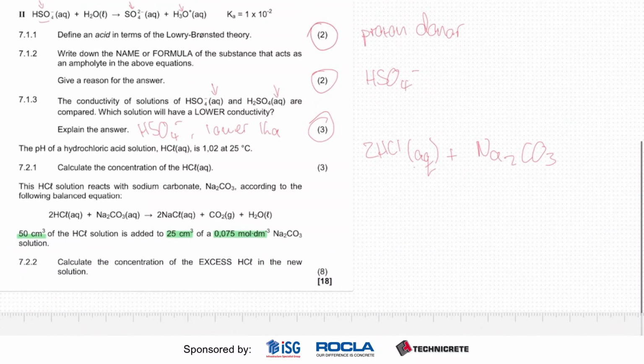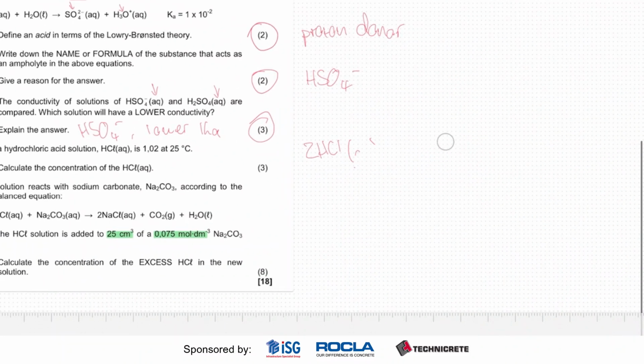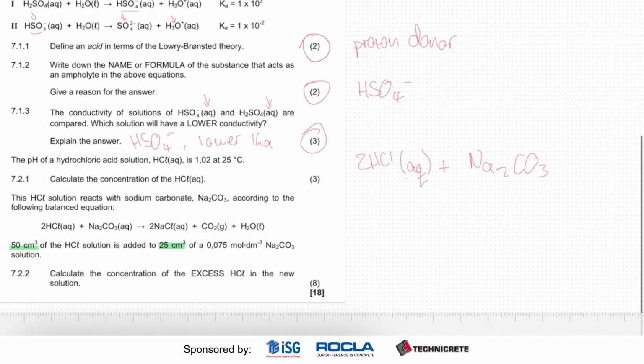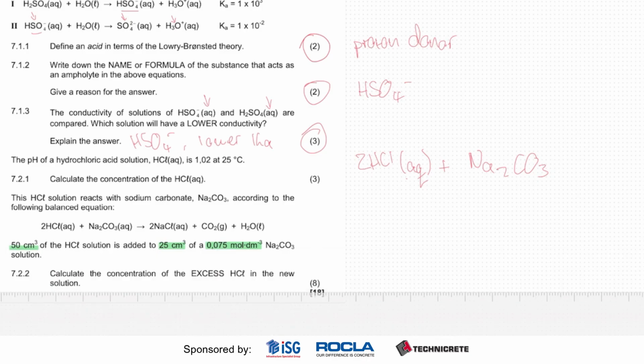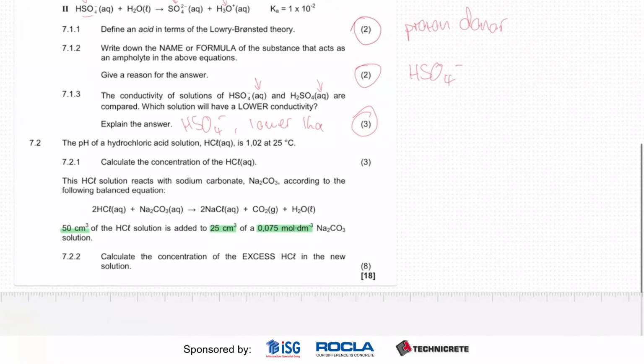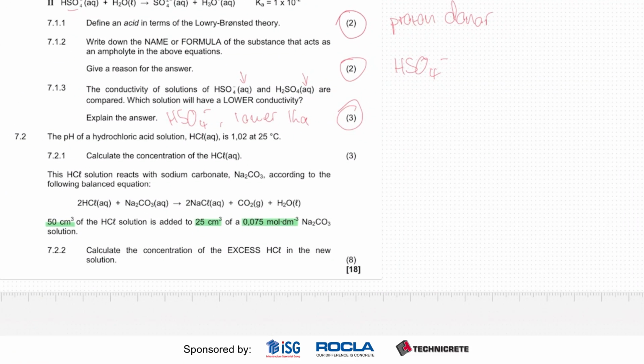Okay, so now I see this was unnecessary. Right, so 50 cm3 of HCl is added to 25 cm3 of 0.075.